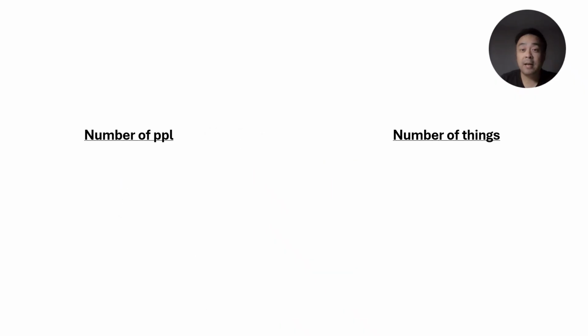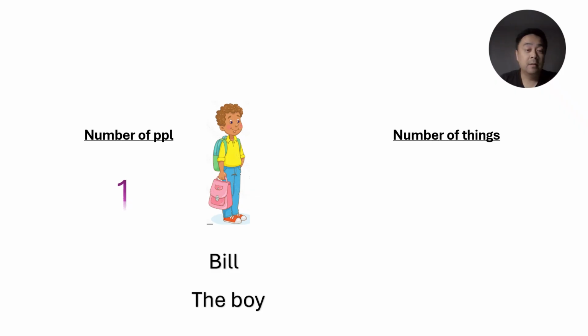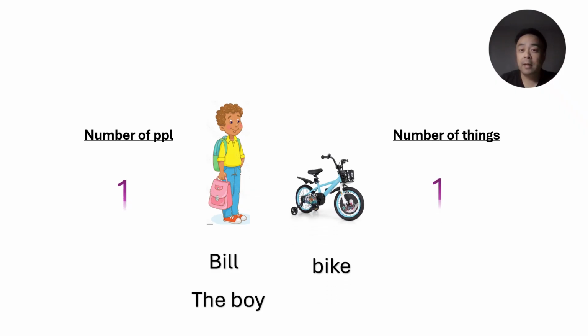Now let's take a look at this slide. We have Bill. We have the boy. This boy has one bike. We can say Bill's bike, the boy's bike, just like the last picture.